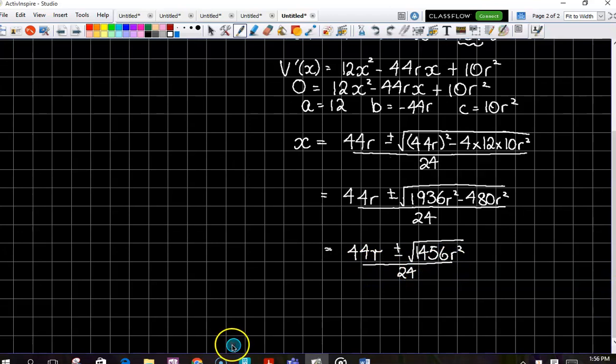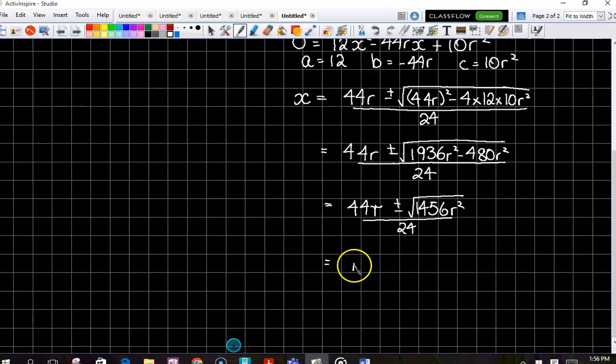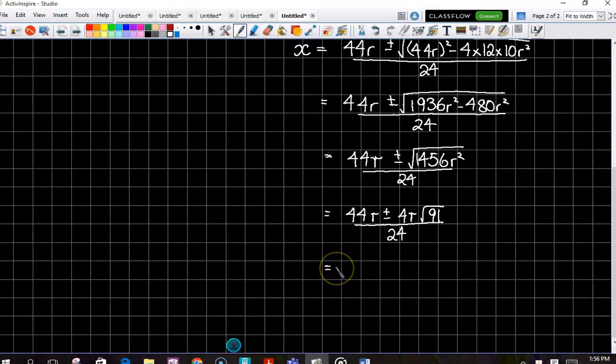All right, so pop it into your calculator. The square root of r squared is just r, and the square root of 1,456, would you believe, is 4 root 91, so 4r root 91. You go, wowza, we've seen that root 91 before, haven't we? So we can see we can divide everything here by 4, so that becomes 11r plus or minus r root 91, all over 6.